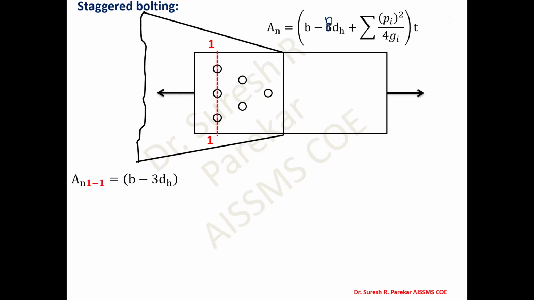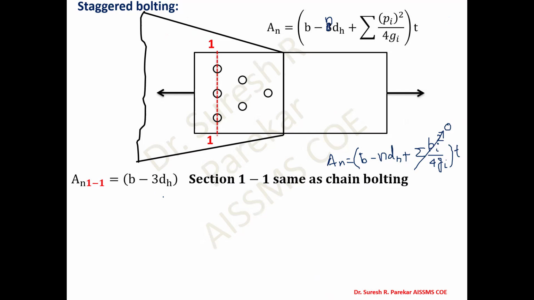Then what will happen? This becomes chain bolting because we do not have any staggered bolt along this; we have bolts along the same line. So An equals b minus n d_h plus summation p_i squared upon 4g_i, whole into t, then my third term becomes 0 because it is chain bolting, and we get b minus 3 d_h.